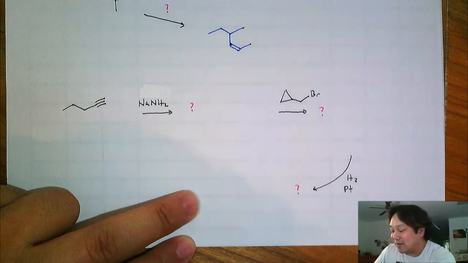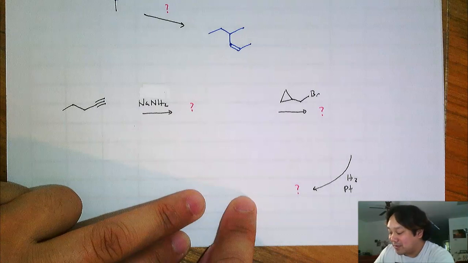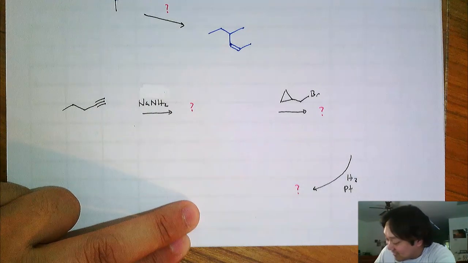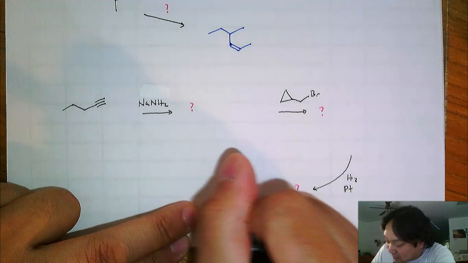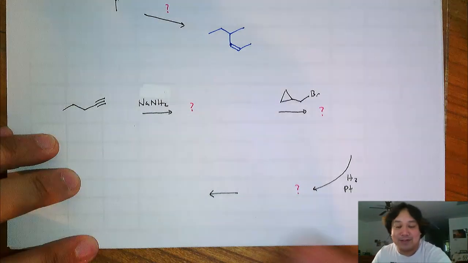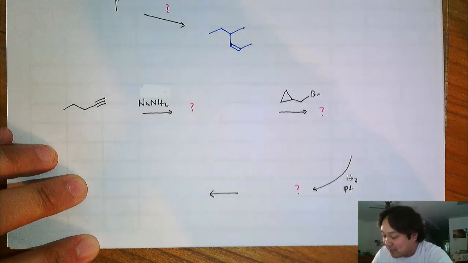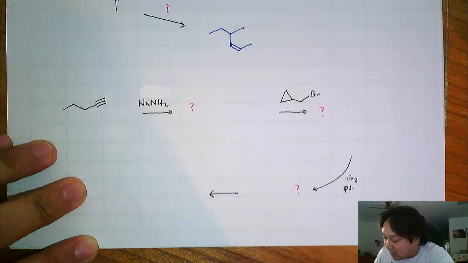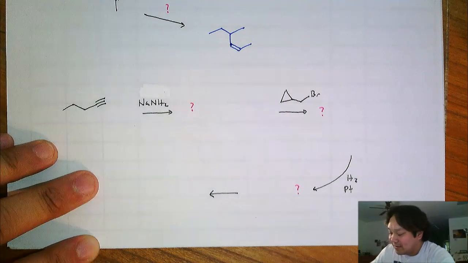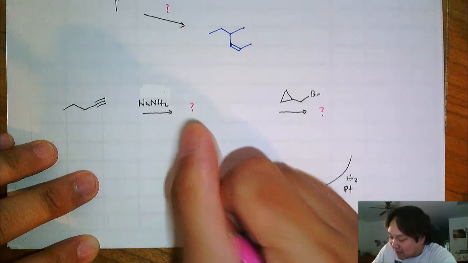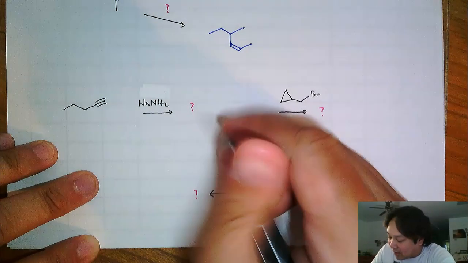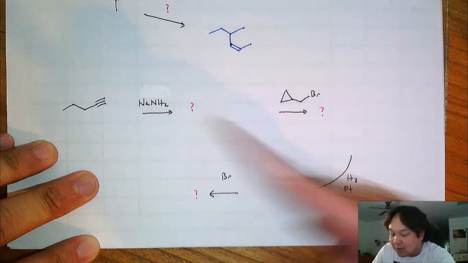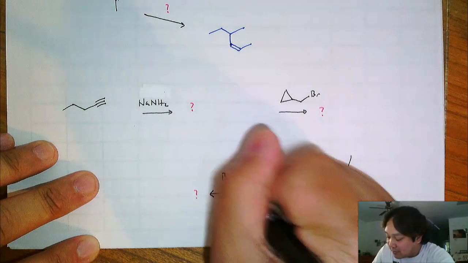I'm trying to think of another reaction that I could do. Okay, I'm probably going to get in trouble for this because I'm doing this off the top of my head. But you'll fill in the product here, and then I'm not going to draw you the product. I'm going to ask you to react it with a reaction that we learned in the previous unit.